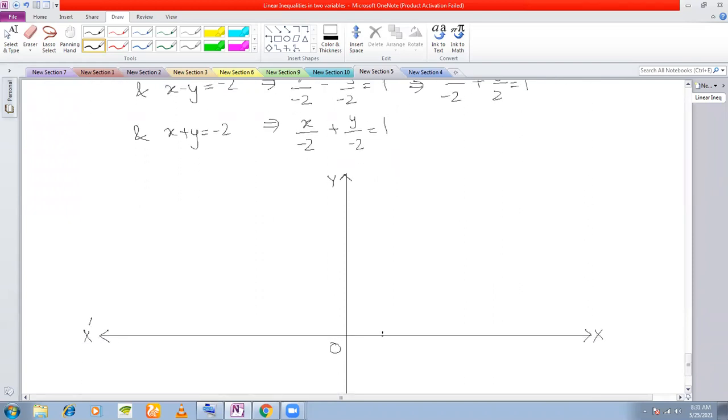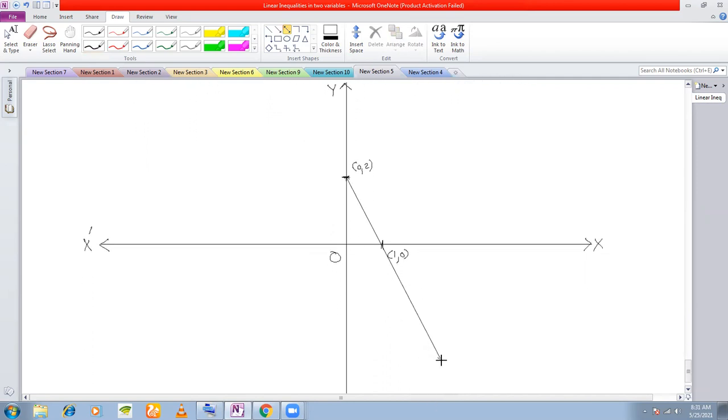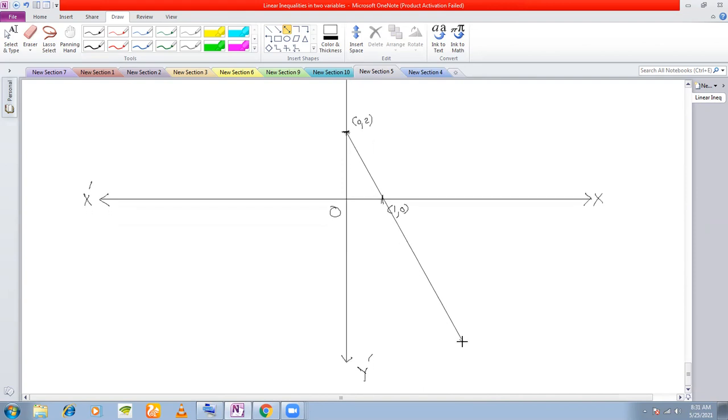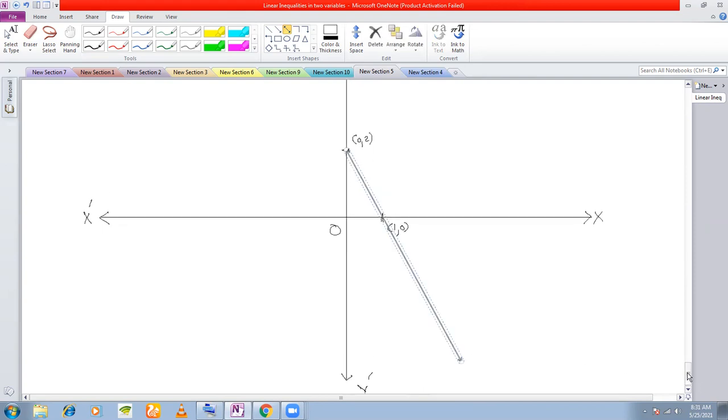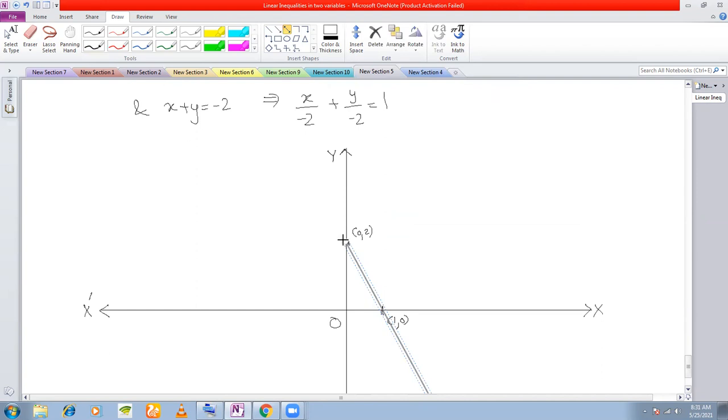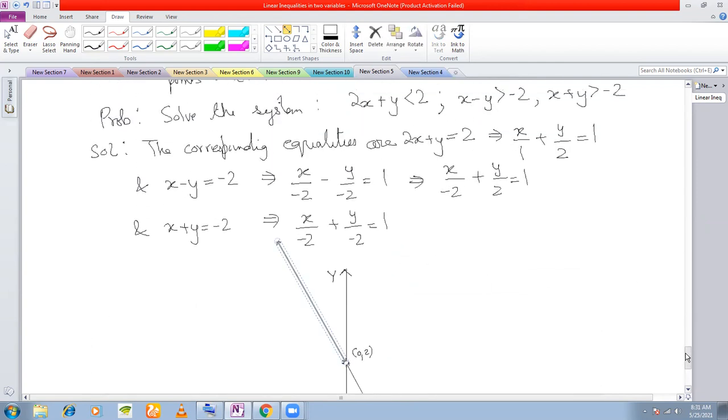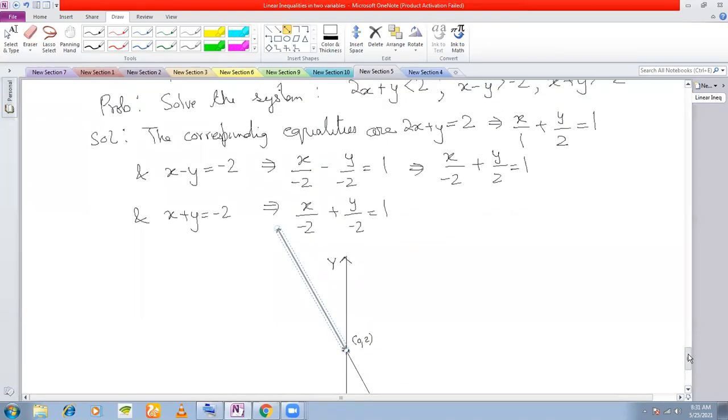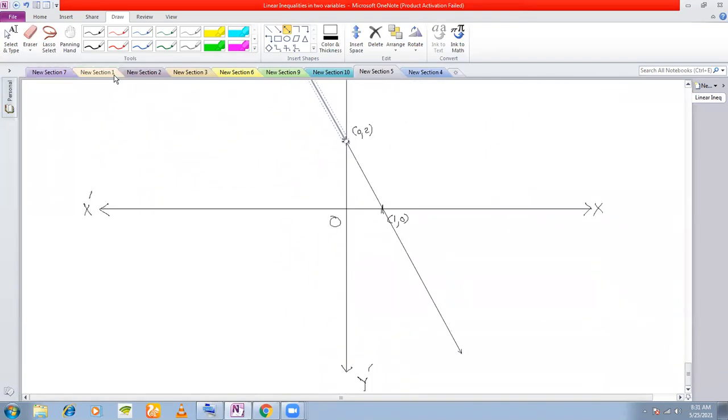So let's say 1 you have here and let's say 2 you have here. So this is (1, 0) and this is (0, 2). So you can have a straight line passing through these. Okay. So this is you label the straight line. The straight line here is 2x plus y is equal to 2.